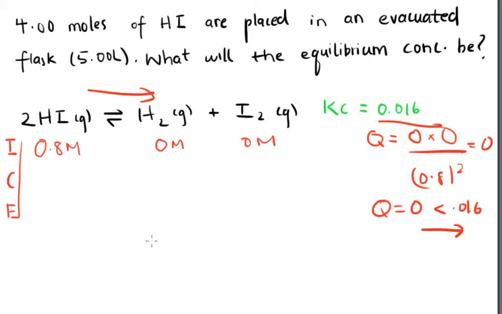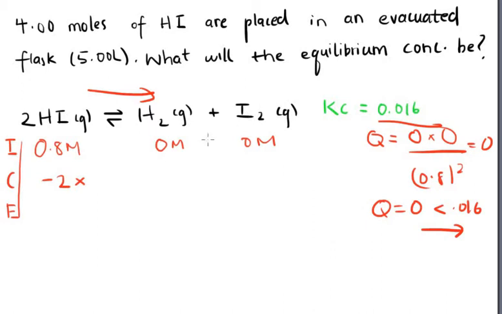Now, probably the most important part, the change. The C counts. The C stands for change. Now, the thing about C is we don't know by how much it actually changes, so we have to use a variable x. Because this goes right, we can subtract 2 times x, because there's a coefficient here.